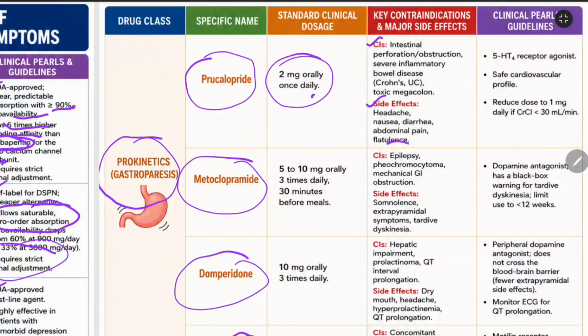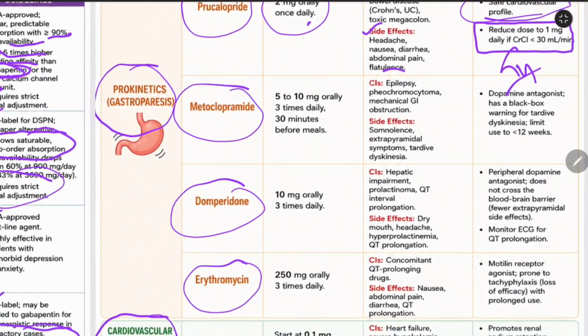Okay, safe cardiovascular profile. Prucalopride dose should be reduced to 1 mg when the patient is in G4, similar to duloxetine and venlafaxine, where there is dose adjustment, and in pregabalin also. Pregabalin, duloxetine, venlafaxine, amitriptyline, all these agents require dose adjustment in renal failure patients, because CKD is usually associated in these patients.